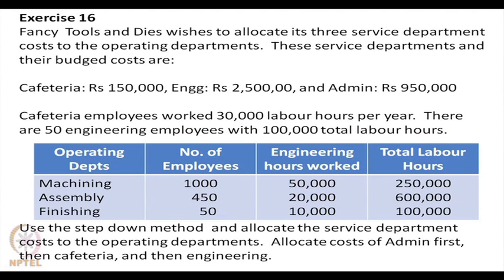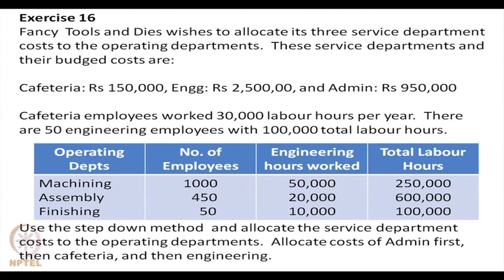Now, let us take another example. In this example, we will show how service department's costs are allocated, particularly when the service departments reciprocate, meaning that they also give service to themselves apart from giving service to production departments. Now, fancy tools and dies wishes to allocate its 3 service department costs to the operating departments.